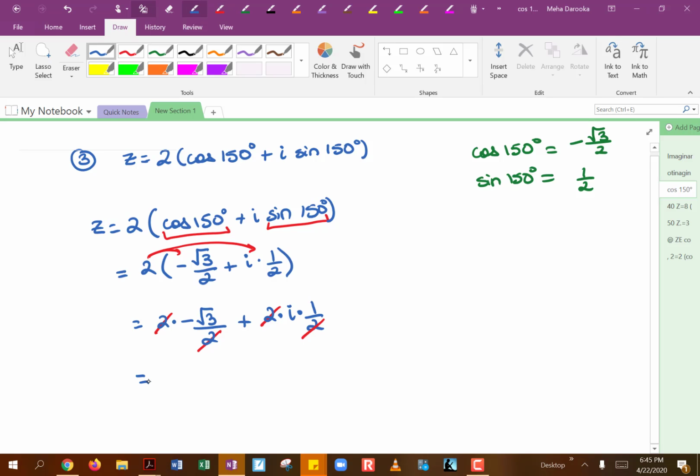And we end up getting, let's see, on the first half, just negative square root of 3 is left behind, plus i times 1 will just end up giving us i. So this is going to be our z value in the standard form, negative square root of 3 plus i. That's going to be your complex number. Okay?